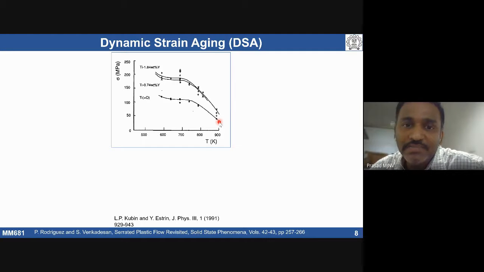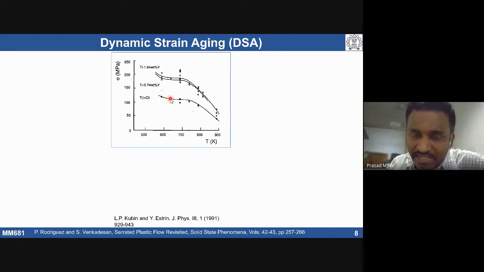However, in these materials, people observed an initial decrease, and afterwards, in a certain temperature window, there was a slight plateau or some peak in stress. So instead of a continuous decrease in strength of the material, there is a plateau.